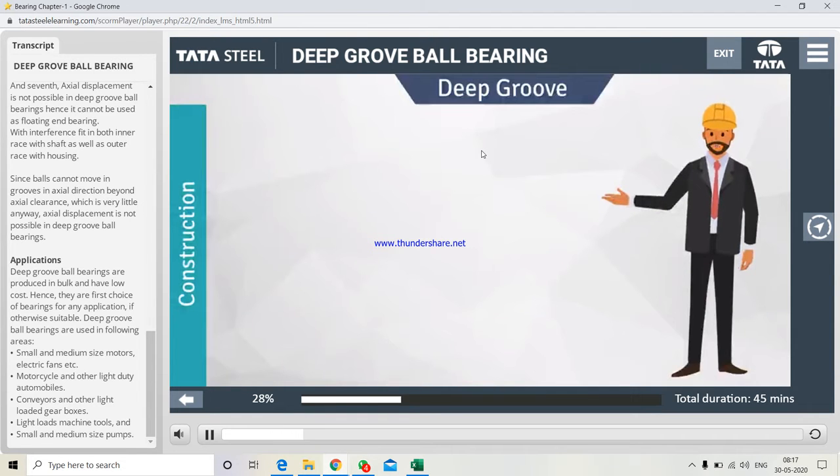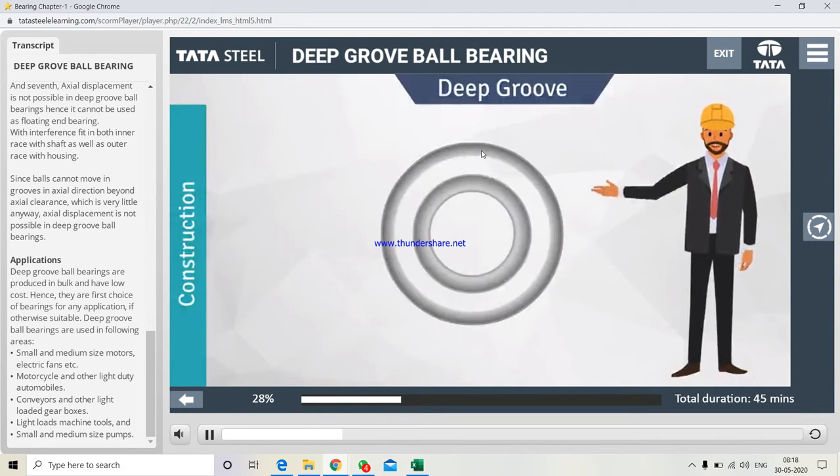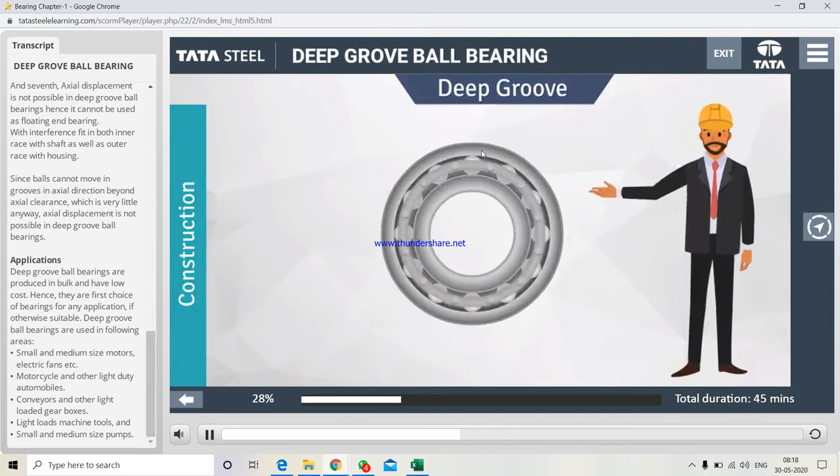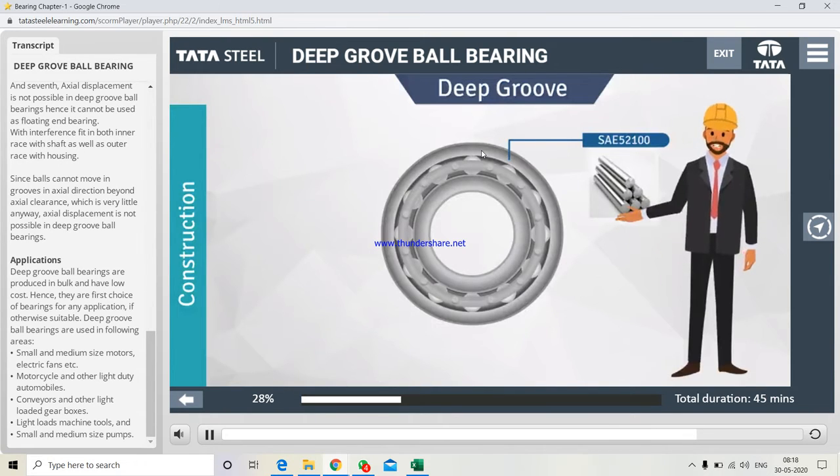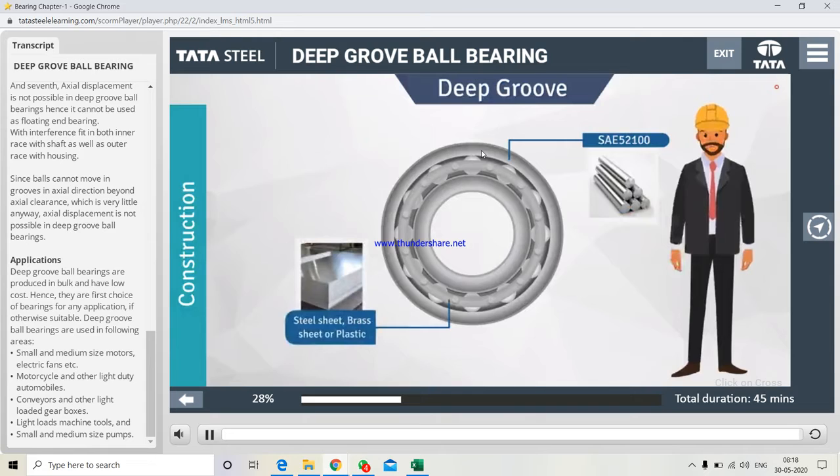Deep groove ball bearing has both inner and outer race. It has balls as rolling elements and consists of a retainer or cage. The inner race, outer race, and the balls are made up of SAE 52100 material, and the cage is made up of steel sheet, brass sheet, or plastic.